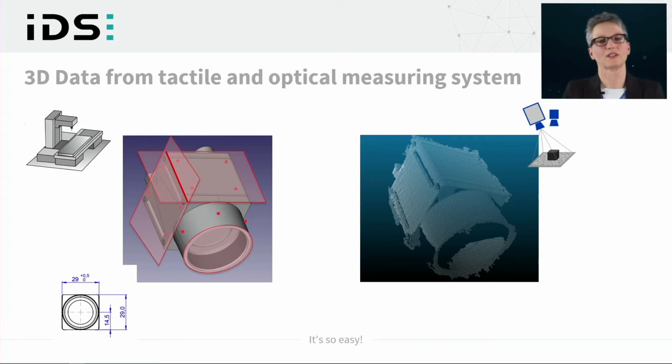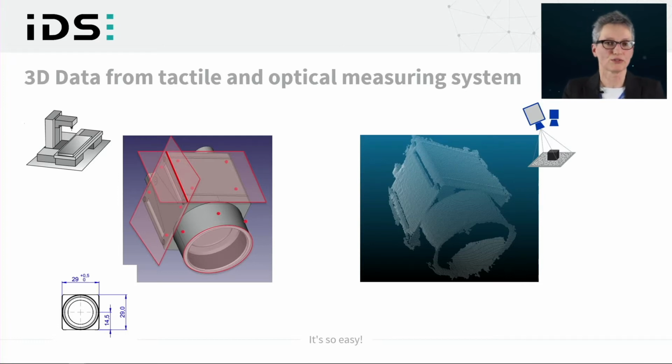The difference between the points in your point cloud and the points that are measured with the tactile machine is that the points in the point cloud don't have the same high accuracy in 3D position on the surface as the tactile machine provides. So you have lots of points, but as you see in this image, not all points are really located on the object surface.